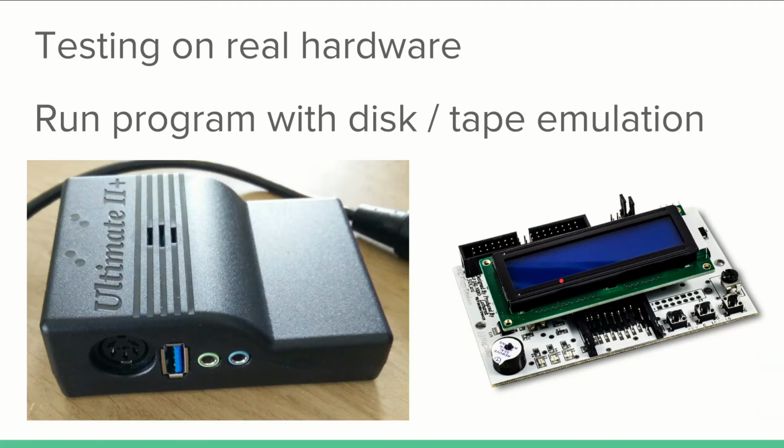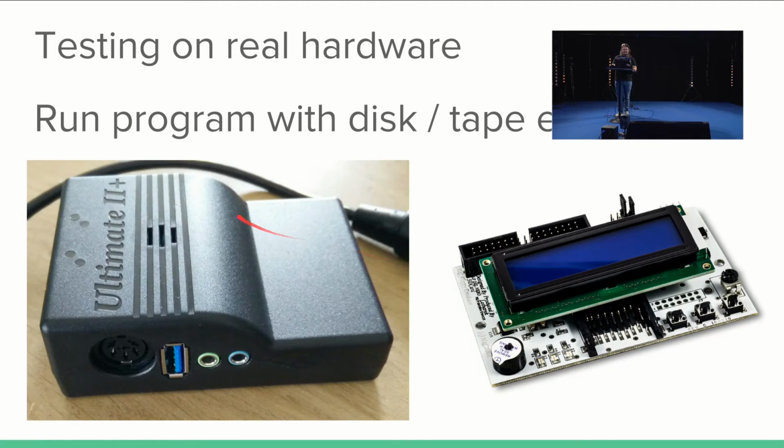And for the machines that have a disk or tape, you can have this kind of disk drive emulator. This is probably the most popular and best known one, the Ultimate 2 Plus, or the 1541 port in your C64 or whatever. You plug this into the disk drive port, and this will act as a freezer cartridge, a cheat cartridge, and also has a menu system for switching disk images and tape images.